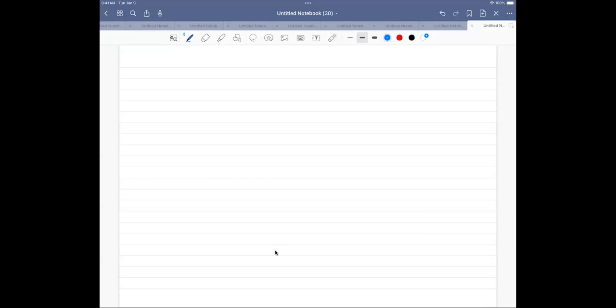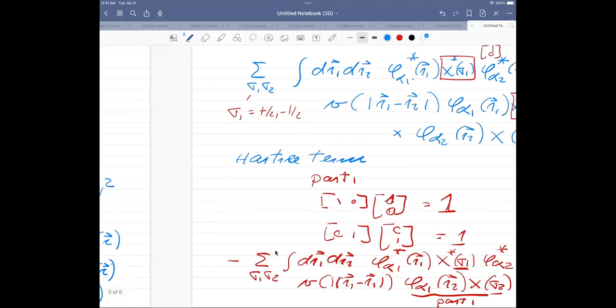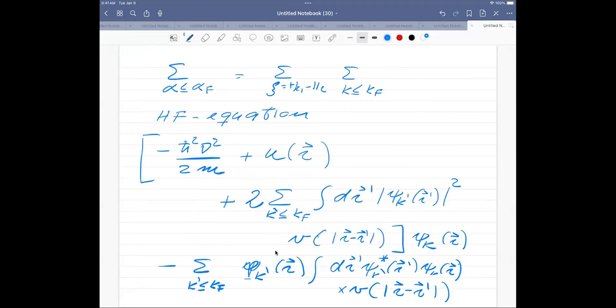So we easily see that we must have the same spin factor, and what we end up with when we look at these equations is actually this, which on the other page was an intermediate step.